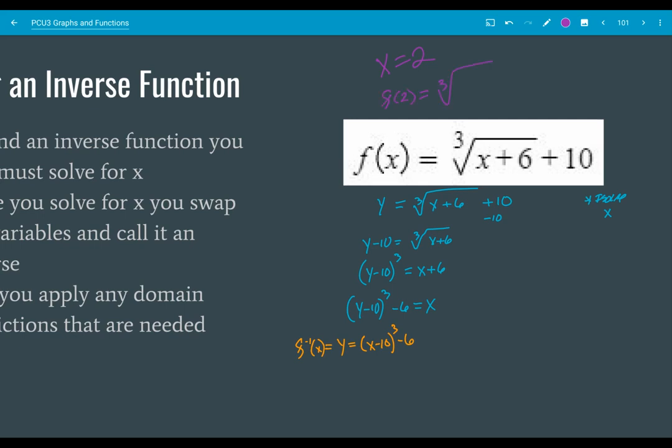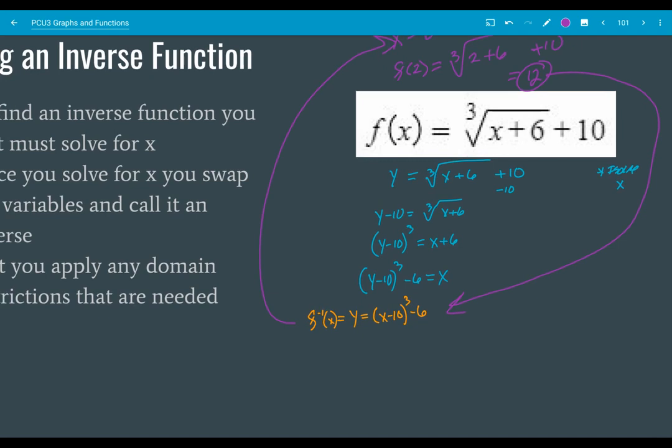So we end up with the cube root of 2 plus 6 plus 10. This gets us 12 because the cube root of 8 is 2. 2 plus 10 is 12. So the inverse function will work and is correct if we take this 12, put it into our inverse function, and we get back 2.